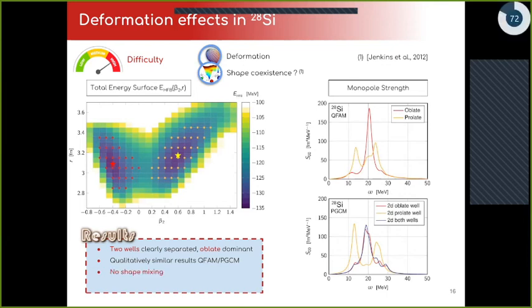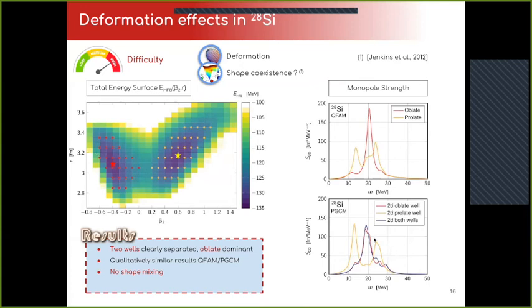But an interesting aspect is that in P-GCM, like in the previous case, I've tried to combine different regions of the total energy surface. The yellow curve here is only referred to the yellow dots in the prolate region, the red one only to the oblate region, and the blue one is obtained by combining all of these points at the same time.